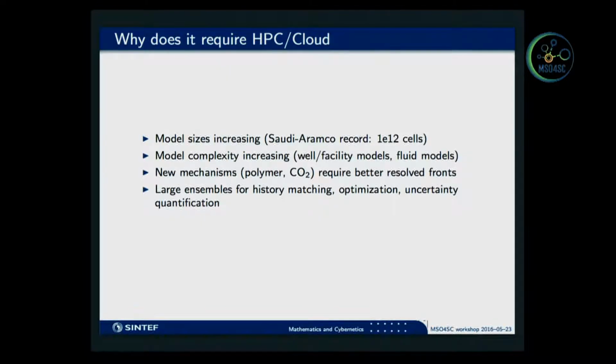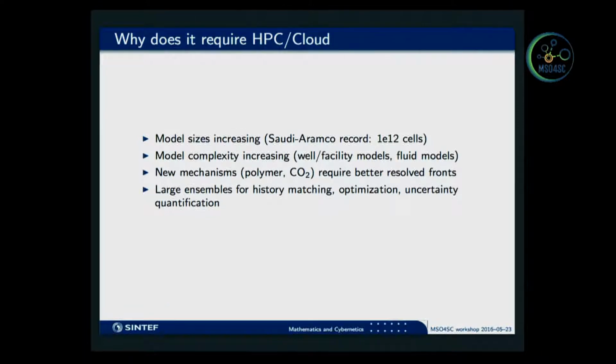So model complexity is increasing. We are looking at more complex well and facility models and more complex fluid models. There are new mechanisms that are becoming important, such as injection of polymer, injection of CO2. Many of these mechanisms require better resolved fronts.